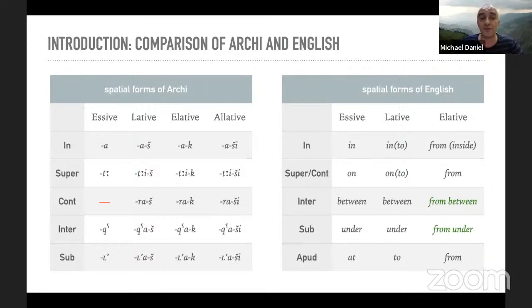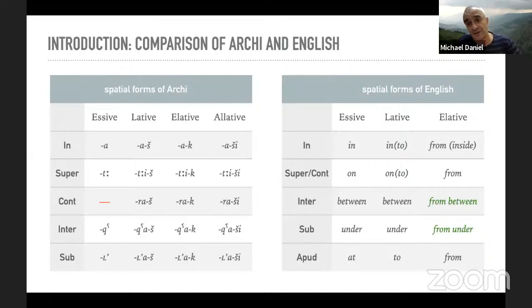And then if you want to add a directionality meaning, lative, elative, or allative, or translative and terminative, which I did not even include in the table because they are peripheral to me, you simply add the same element to the localization marker. So it's a clear agglutination.